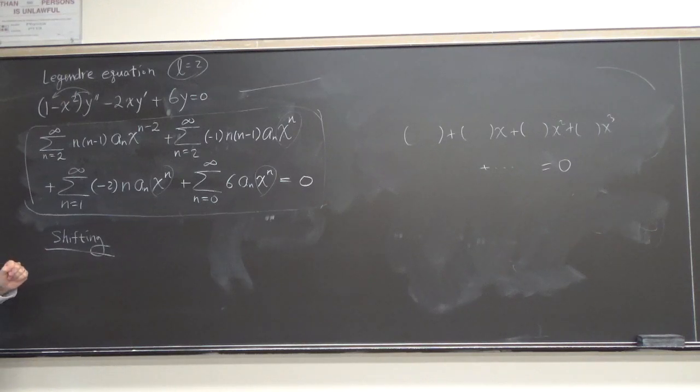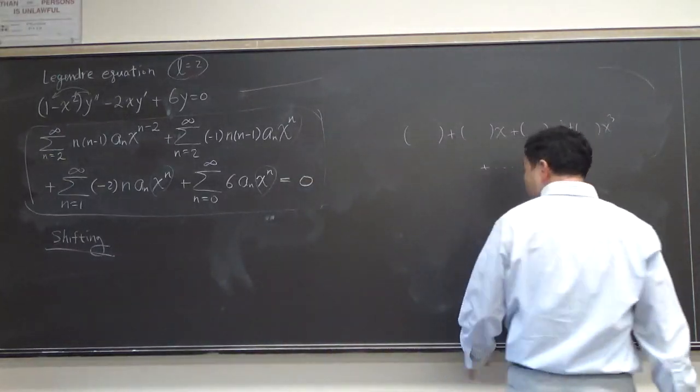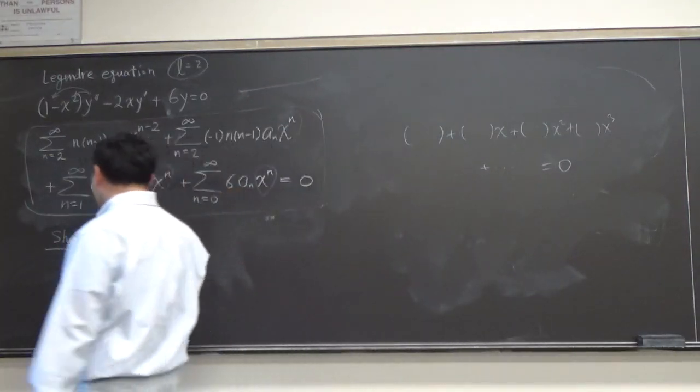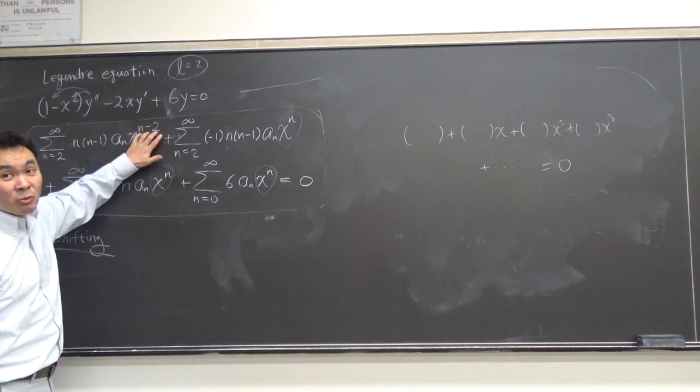As some of you pointed out, you really want to change where the n starts. The way you do it is called shifting. You look at this n minus 2 and think about what you want.